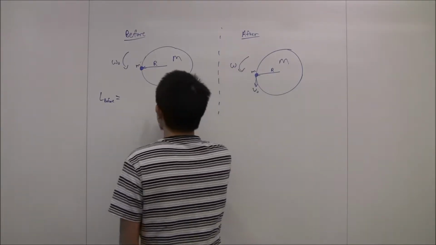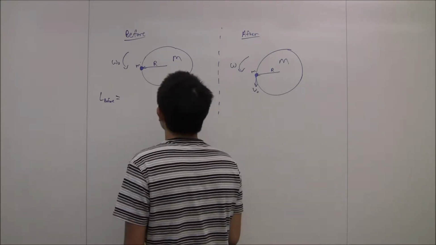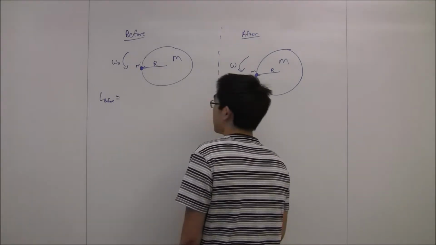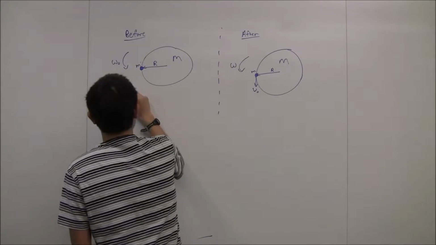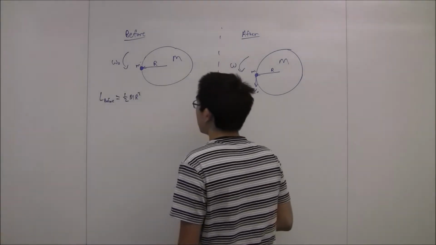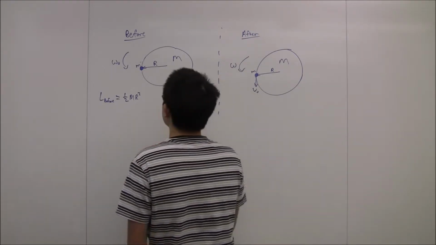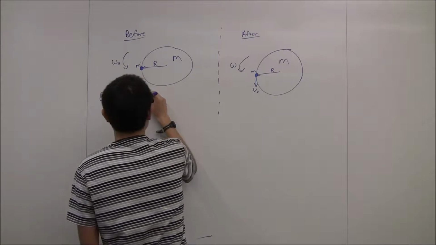So for a uniform disk of mass big M and radius big R, its moment of inertia is going to be given by 1/2 of big M times big R squared. So its angular momentum is just going to be the moment of inertia times its angular velocity, which is omega naught.